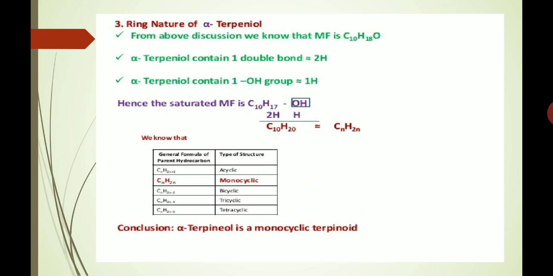So the hydrocarbon formula for the fully saturated terpenoid comes out to be C10H20. It corresponds to CnH2n, and I had told you about this table for the conversion of a terpenoid into a fully saturated compound, that we can see that it is a monocyclic terpenoid.